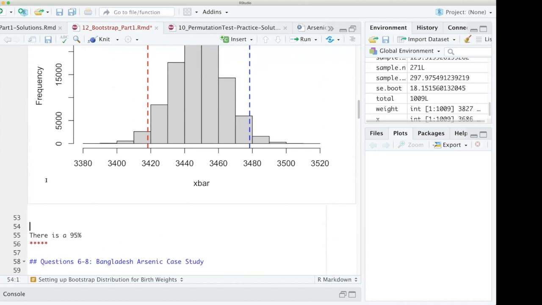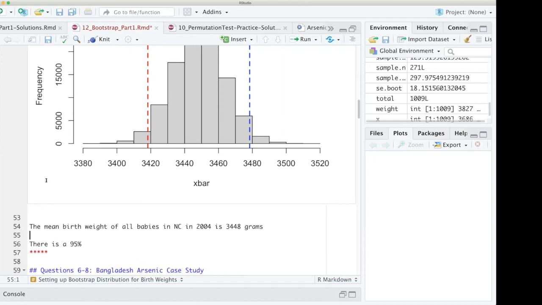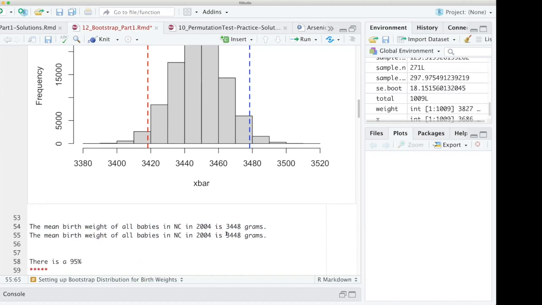Rather than say my sample is perfect, which would be a little bit arrogant, we want to move away from that.